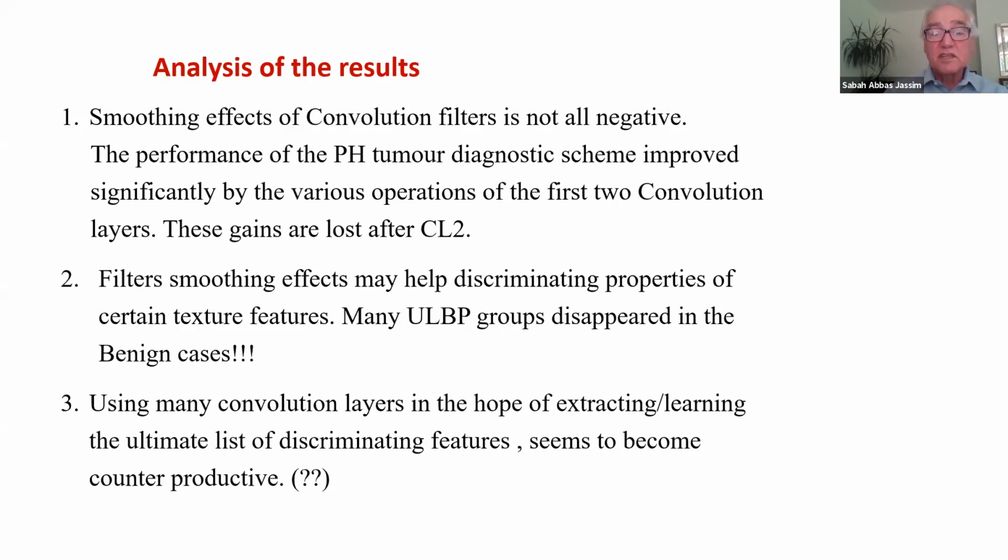Filter smoothing, this is an interesting observation we find, that filter smoothing effects may actually help in discriminating properties of certain texture features. In fact, many of the ULBPs disappear after the first or second convolution in the case of benign tumors, which makes it easier to separate them from the others.